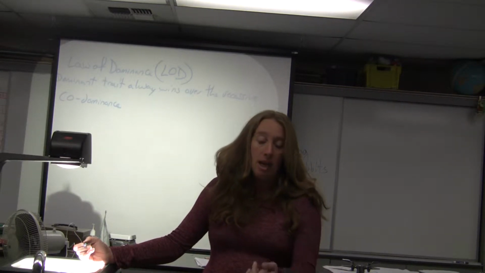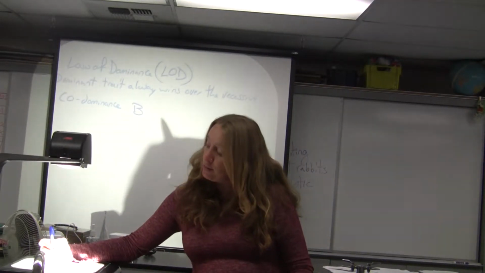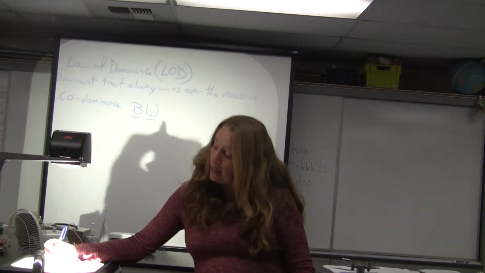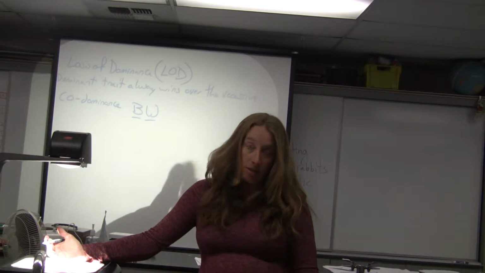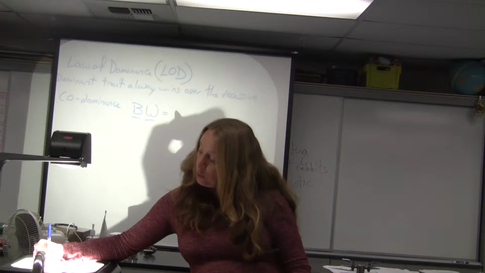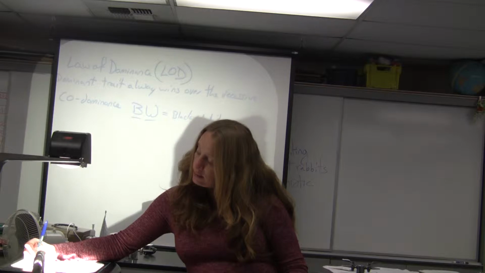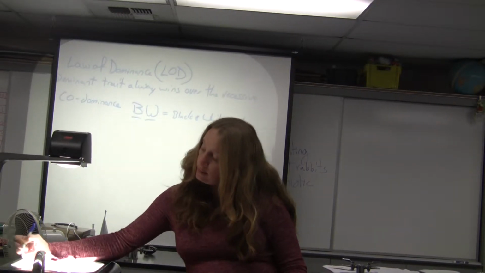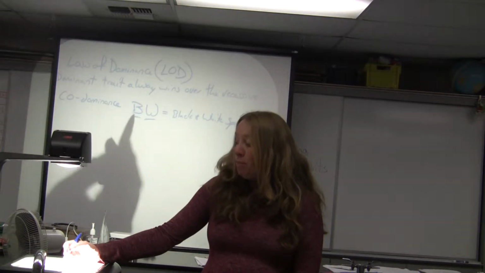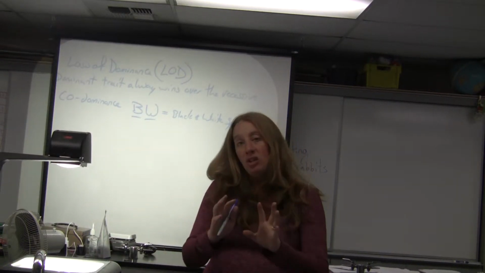So in some cases, like the example I have here, some birds have black feathers. Some birds have white feathers. Both the black and the white feathers are dominant. So when you put them together, they end up with black and white spots. And they come out spotted because both the black gene and the white gene are trying to express themselves at the same time.